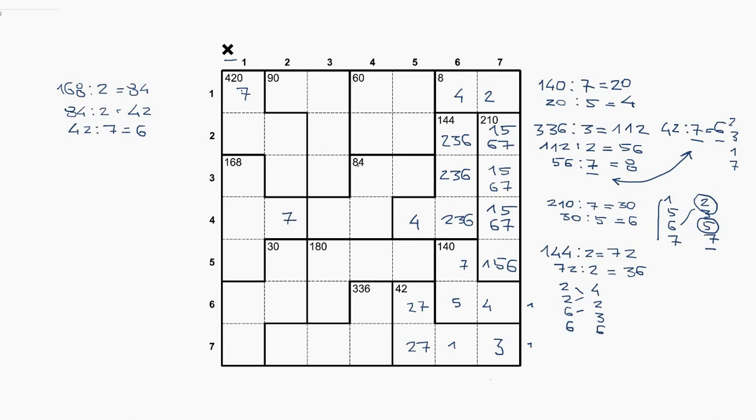Now what happens with this number 84? 84 is also a number with the number 7, which is clear right here, and the only possible solution for number 7 is right here in this cell.